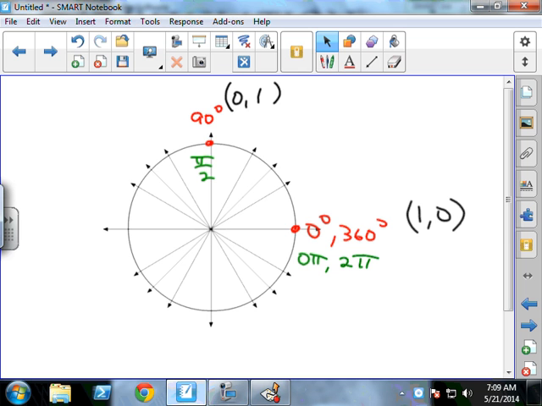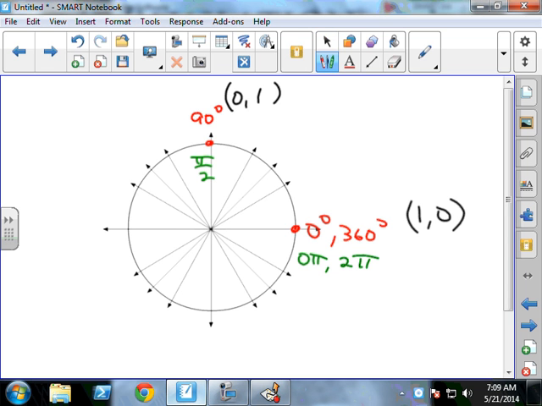maybe tangent? Well, yeah, that's what the unit circle is all about. It's about finding a way to calculate sine, cosine, tangent, secant, cotangent of all these angle measures without a calculator. It's really an ingenious device.